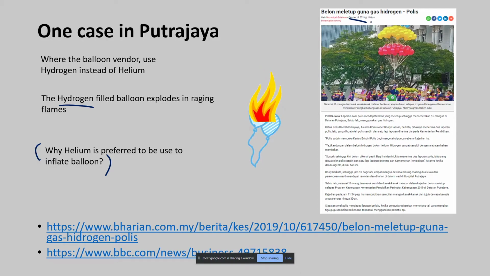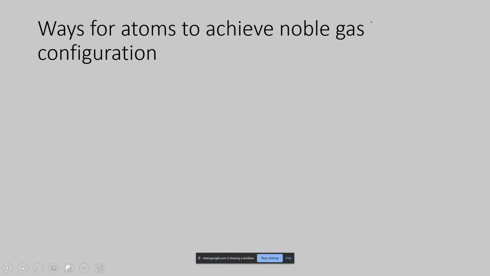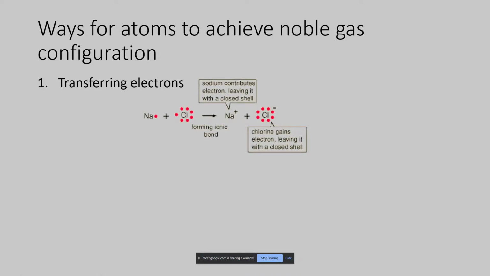So that's why every other atom want to be noble. Dia orang tak nak, kalau boleh tak nak dah react dengan any other element. Sebab dia orang nak have a complete octet rule. Okay, a few ways untuk atom-atom ni capai cita-cita dia orang. Okay, first is transferring electron. So maksudnya the electron from sodium.